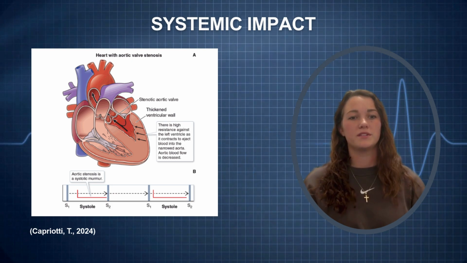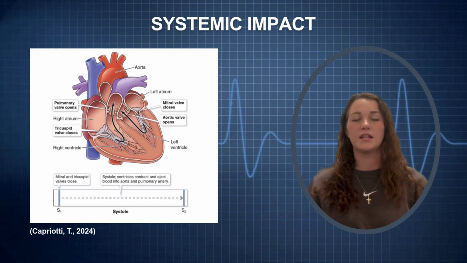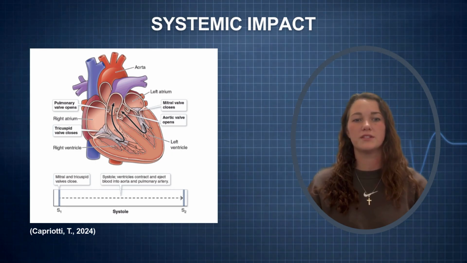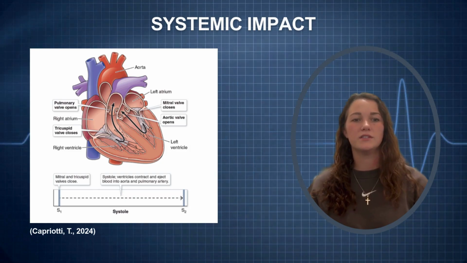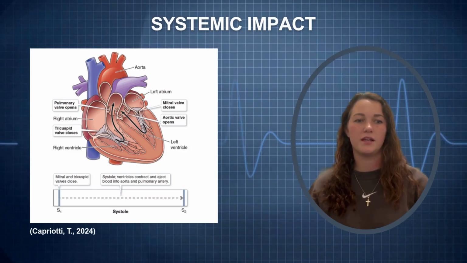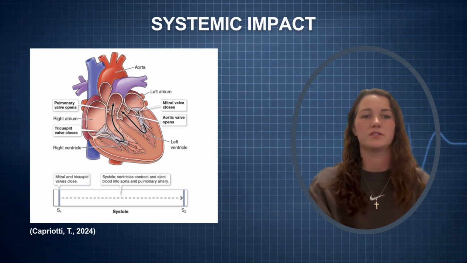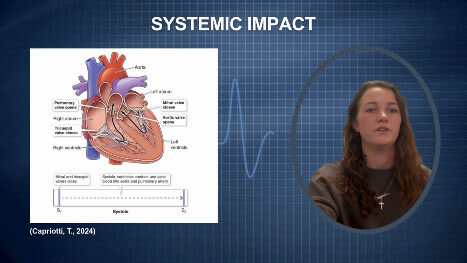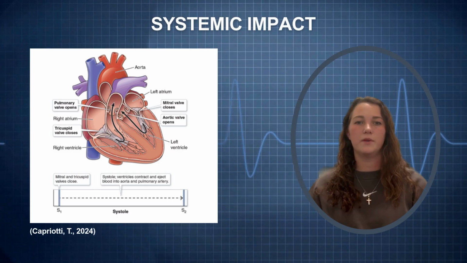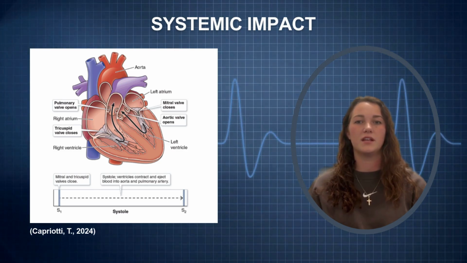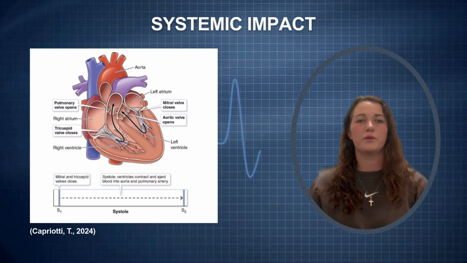Moving into the pulmonary system, incomplete emptying of the left ventricle causes blood to back up into the left atrium, which increases hydrostatic pressure in the pulmonary veins and the capillaries. This could lead to pulmonary edema and symptoms of dyspnea upon exertion. For the neurological system, with each heartbeat, less volume is ejected into the aorta and its branches, which decreases cerebral blood flow.